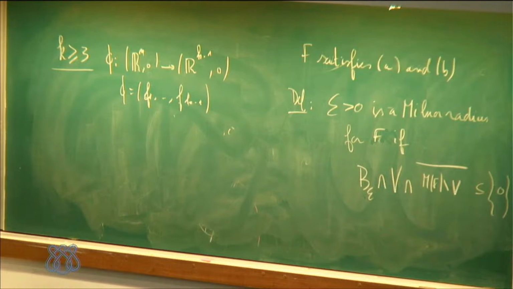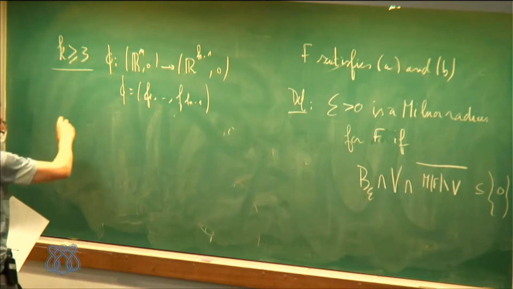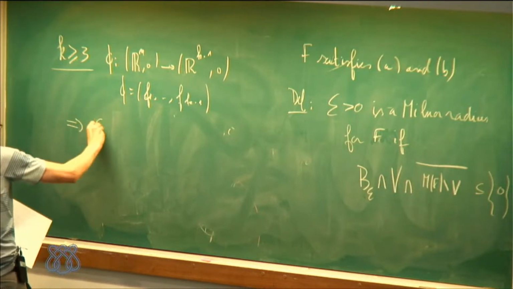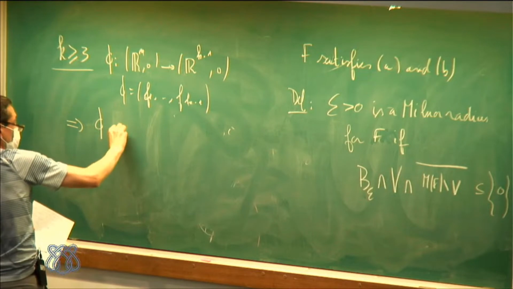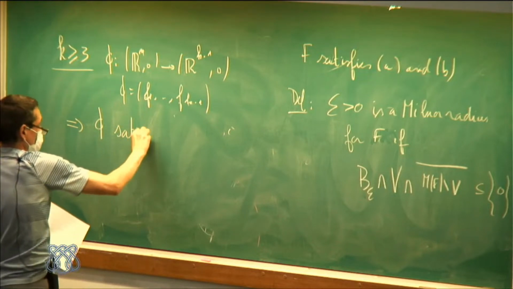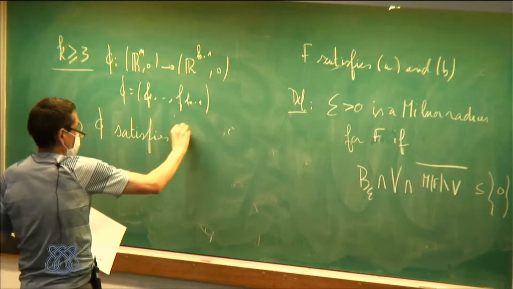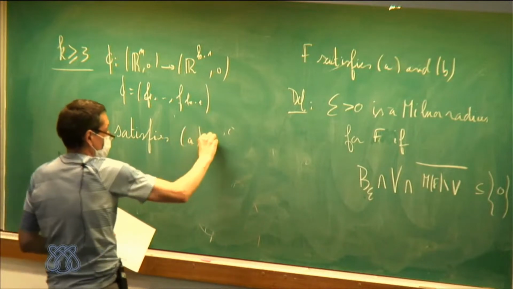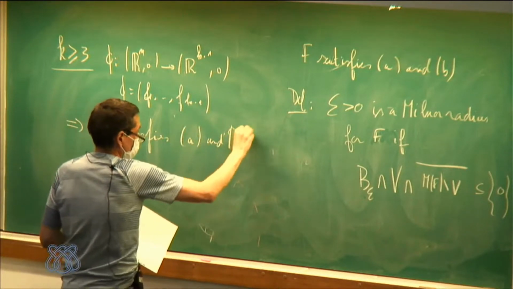B, it's a bit more difficult, but not too difficult. So phi also has a Milnor fibration. It is a good exercise to check that.